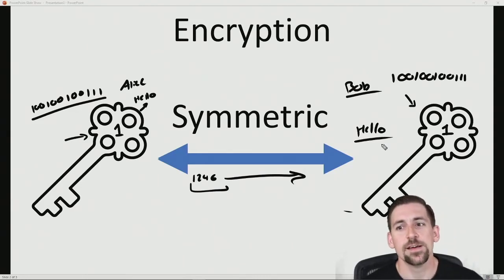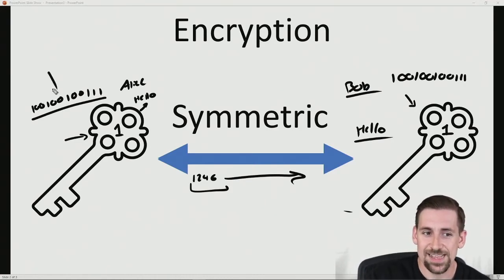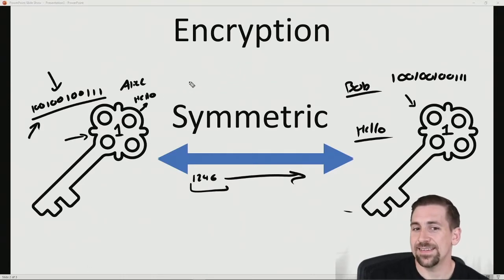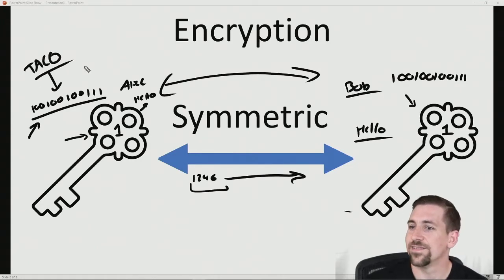Simple enough. Not necessarily. We have to agree on a cipher. So we have to agree on how we're going to integrate these keys. We also have to agree on a key. So how does Alice tell Bob, hey, I want to use this key over here. Let's use something different. Let's say the key is taco. Alice says, hey, the key is taco.